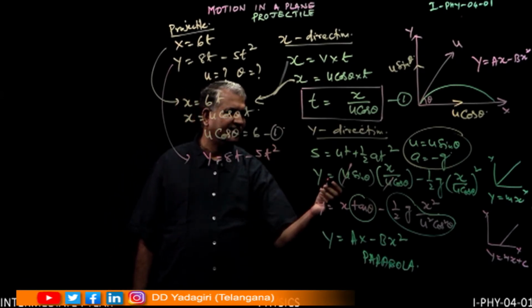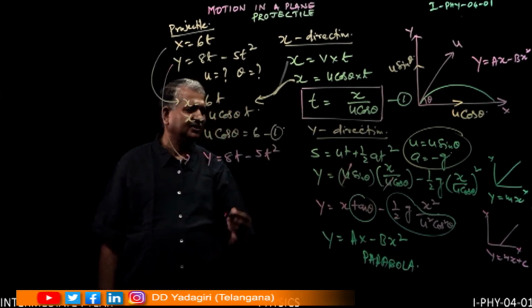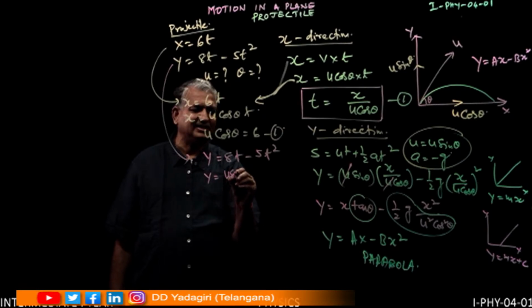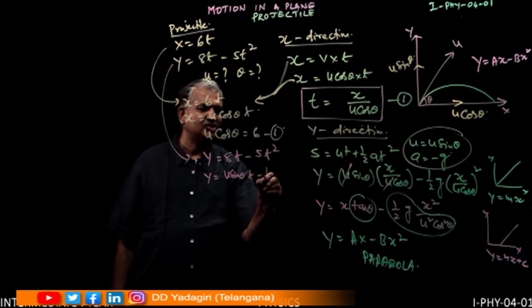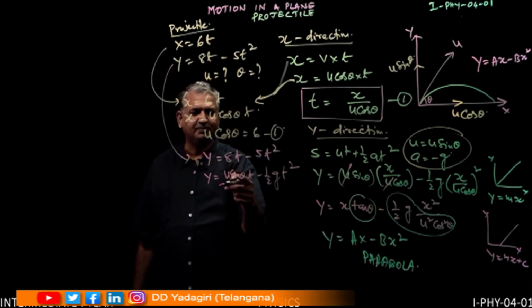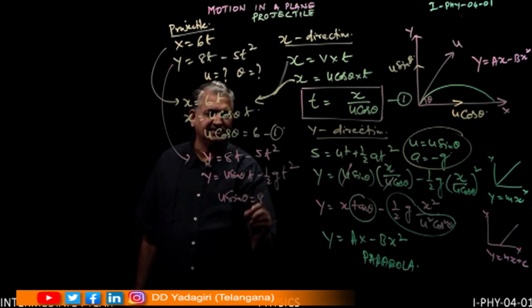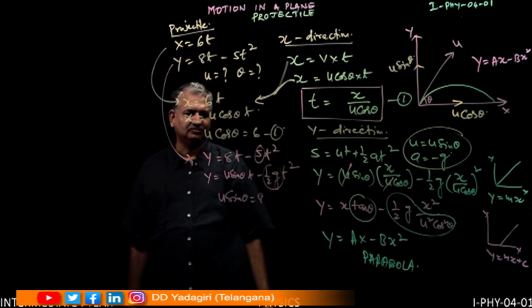But here we have a formula for y. What is y? Nothing but y is equal to u sin theta into t minus half gt square. Therefore, from this comparing, u sin theta should be equal to 8. And this is nothing but 5. Both are same, if taken g as 10.